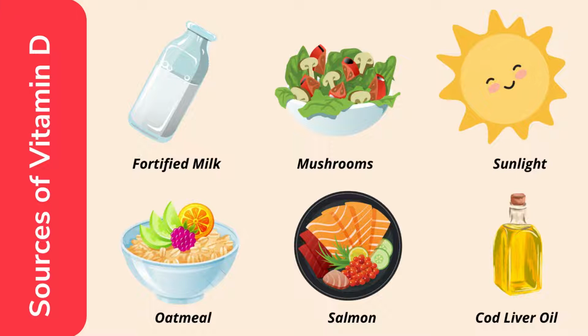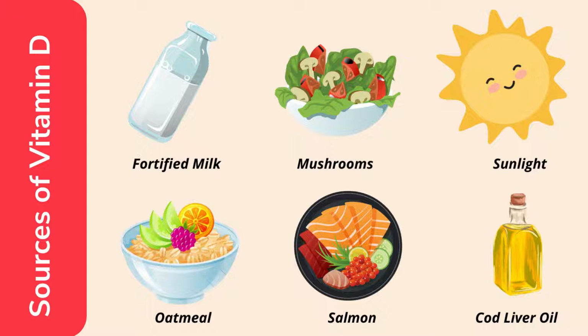If you want non-vegetarian sources, then you can have salmon, cod liver oil, tuna, or some other non-vegetarian sources. So these were the sources of vitamin D. If you really want to enhance your vitamin D levels, then you need to have all of these sources.